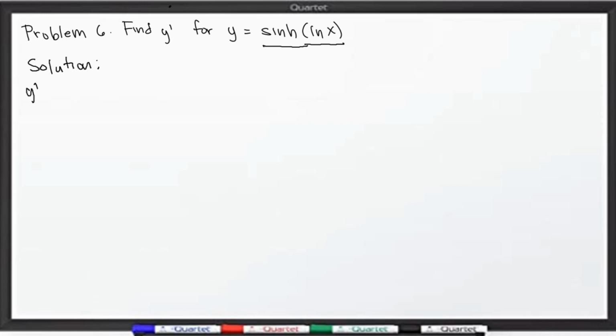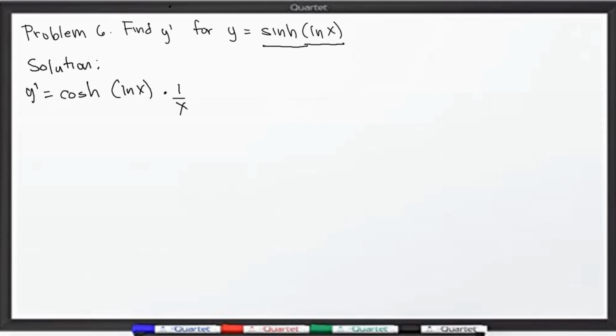We say y prime will be equal to the derivative of the outside function. The outside function is, since the derivative is cosh, copy the inside, ln of x, then we have to multiply it by the derivative of the inside. Derivative of ln of x is equal to 1 over x.